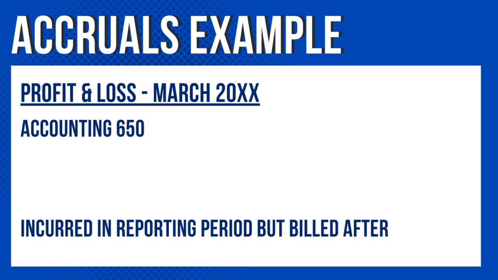So it could be that we receive a bill, say in March 20 whatever, for insurance for the next year. So we have to do a prepayment to move that amount out of March and spread it across the next year. The prepayment allocates the cost to the period that the expense is actually incurred by the business, the company, the entity.